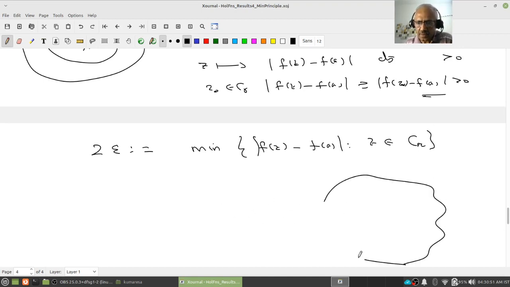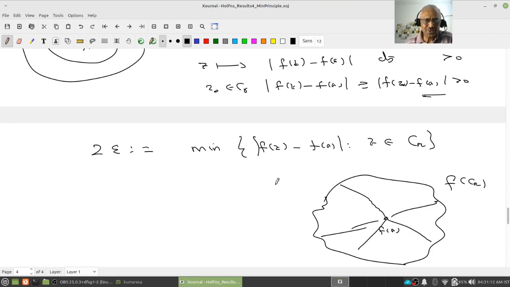This is my f of C_r and this is my f of a, right? So the minimum distance is at least 2 epsilon. You understand this? Whatever distance you take, this will be greater than or equal to 2 epsilon. So since I chose 2 epsilon, I'm sure you know what you want to say, right?